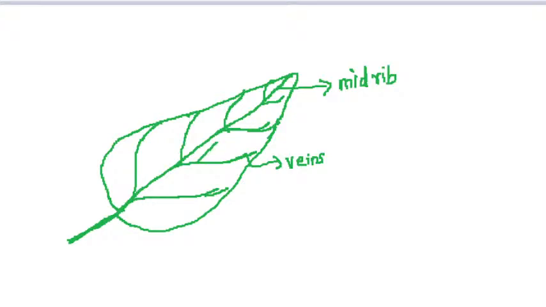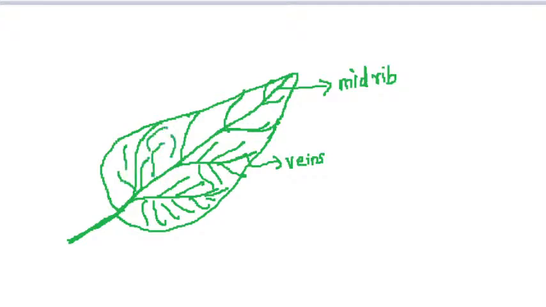From the veins, there will be a lot of branches, and they are called veinlets. So from the midrib, the veins are formed.